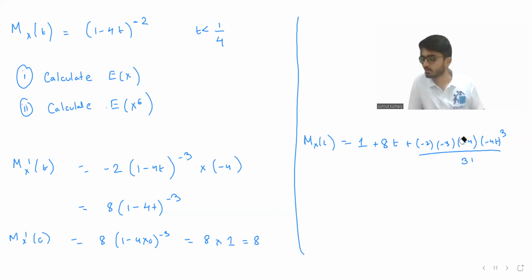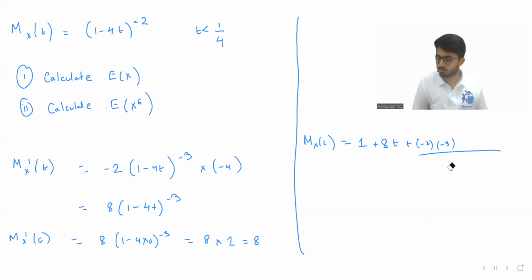Similarly, the next term will be minus 2 into minus 3 into minus 4 into minus 4t whole cube by 3 factorial, and so on.